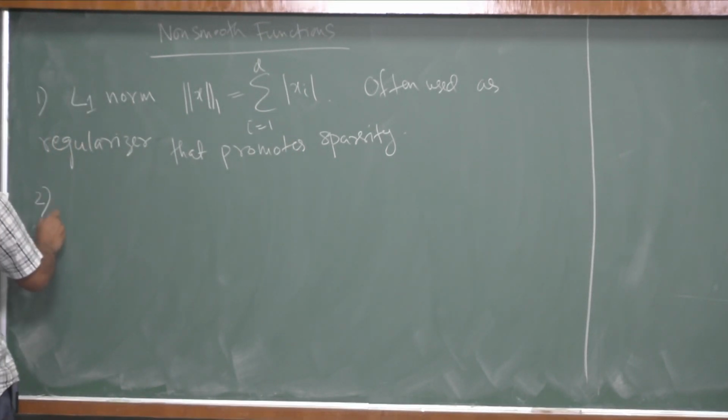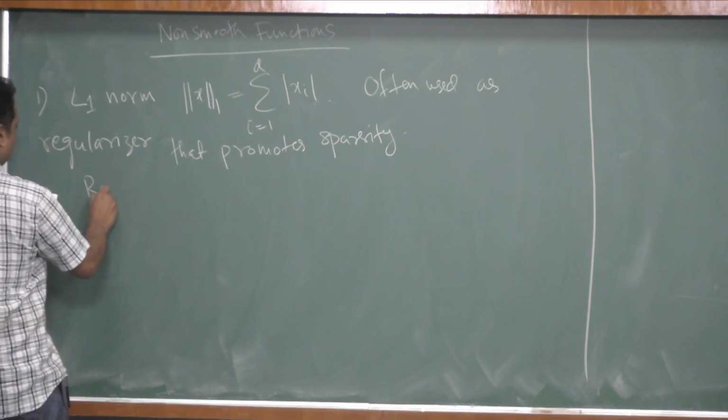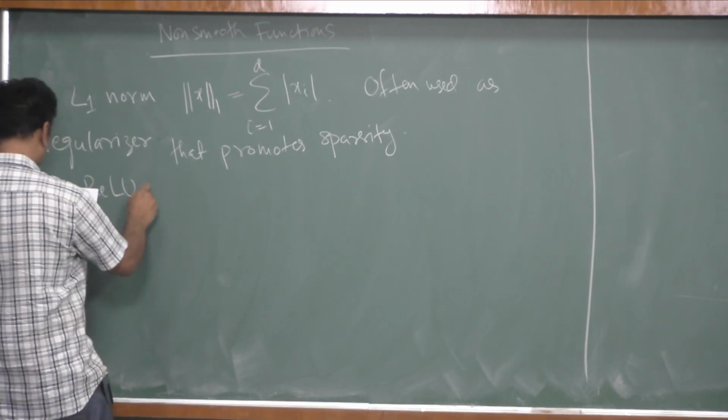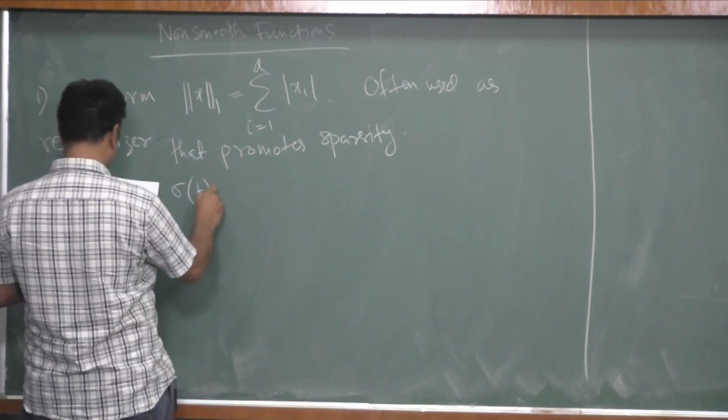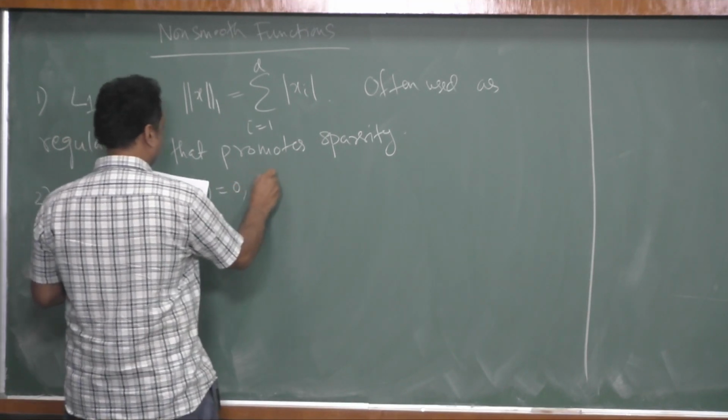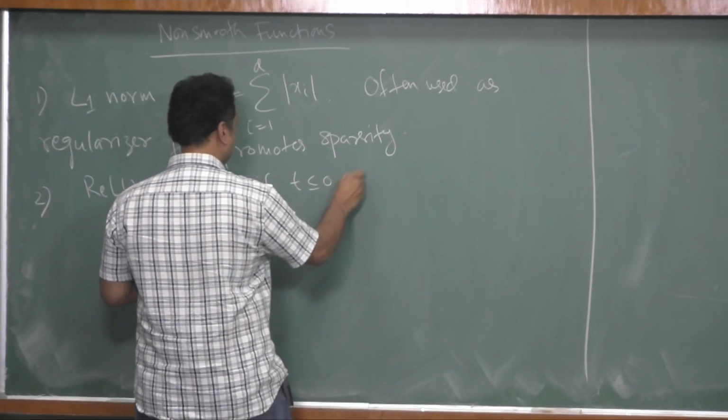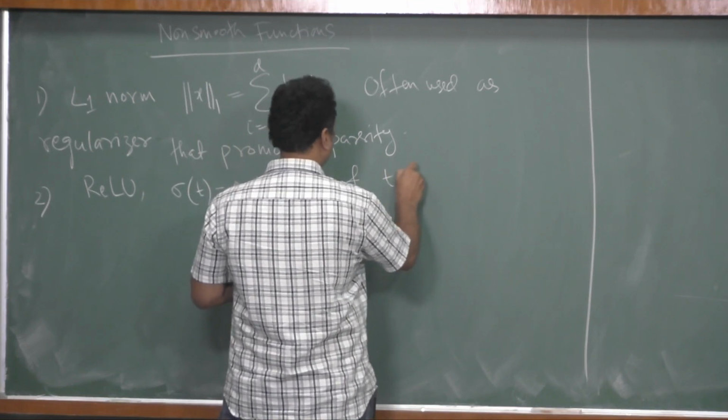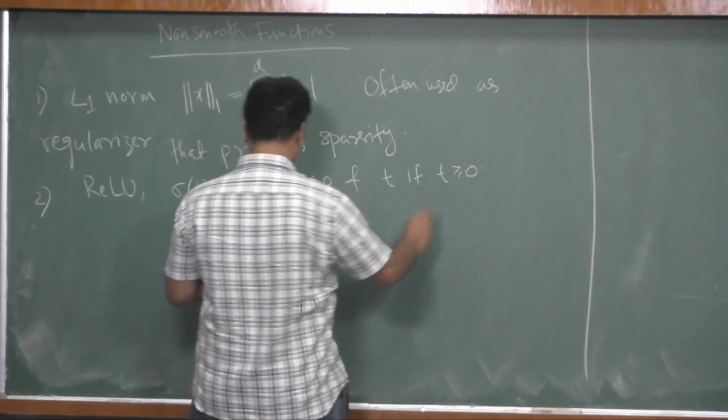And then another one could be if you use activation functions like ReLU, which is sigma of t equals 0 if t is less than or equal to 0, and it's t if t is greater than or equal to 0.